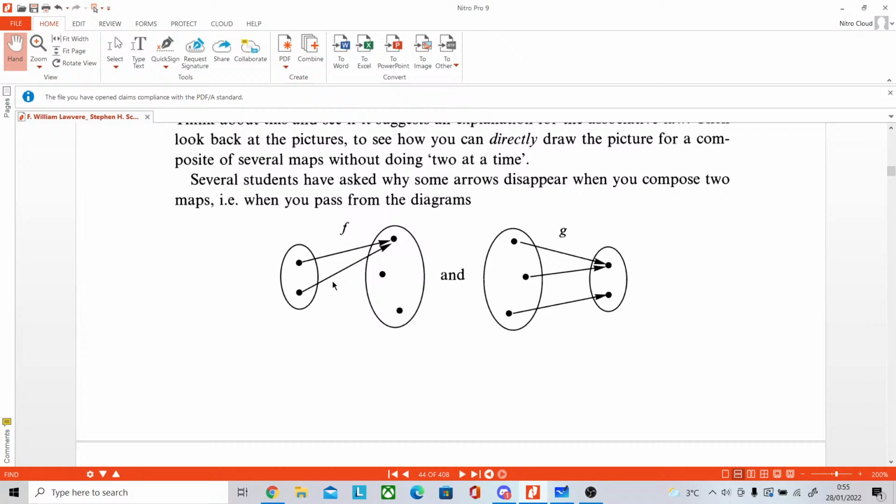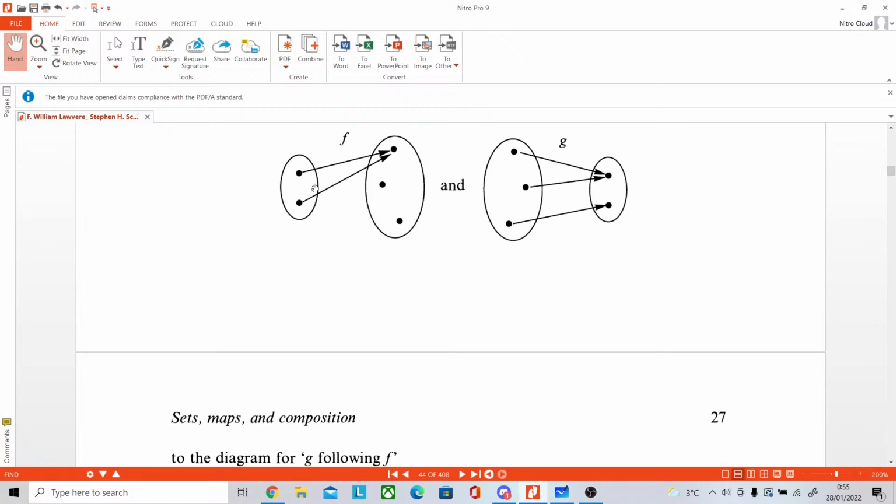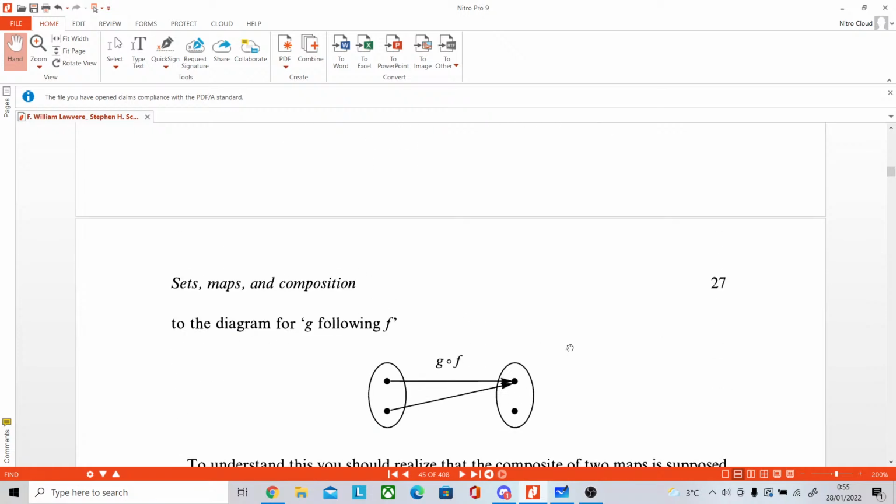Right, so these two arrows here and here disappear. You just take this guy and then going down here, this guy, and then going down here. These two map to the same point, this point maps to here, so these two map to this point.